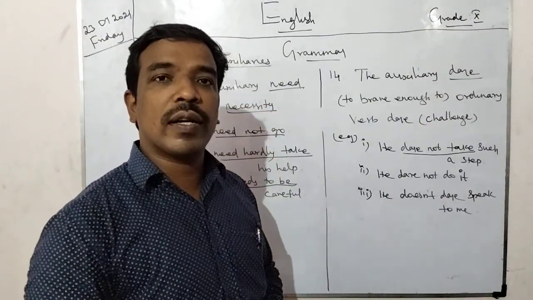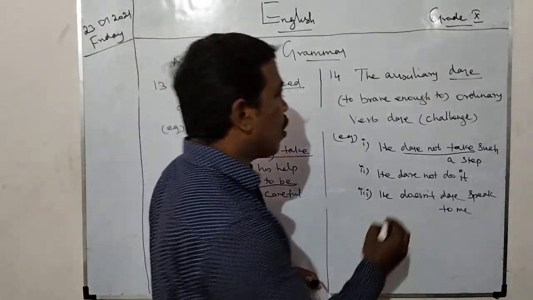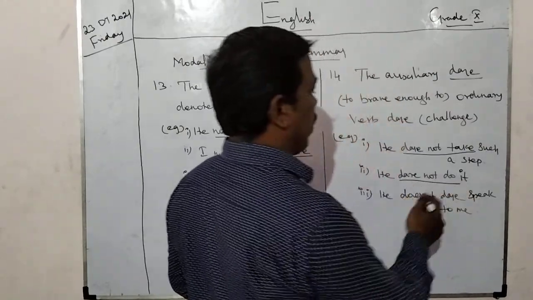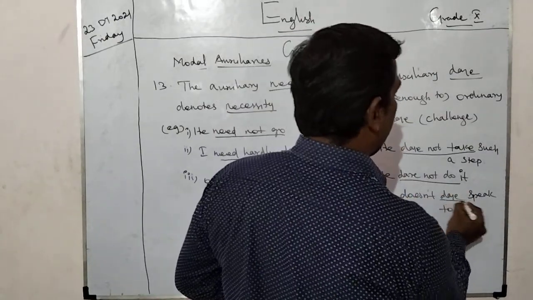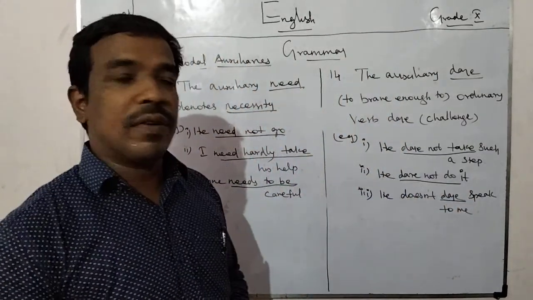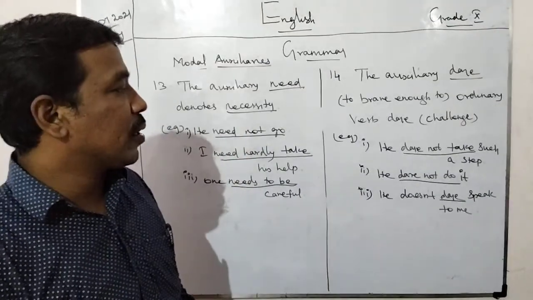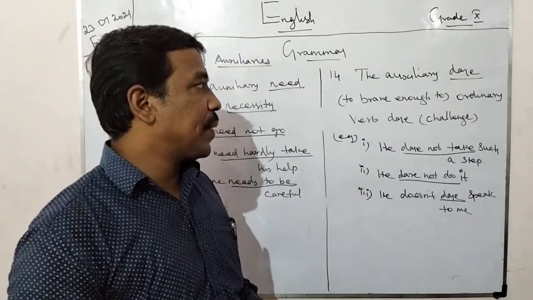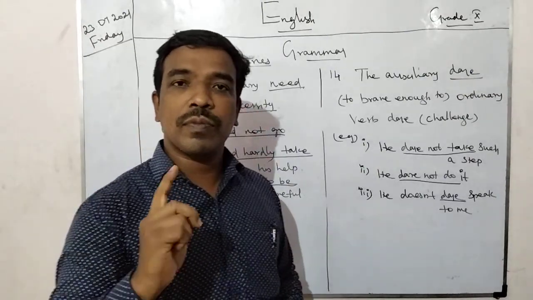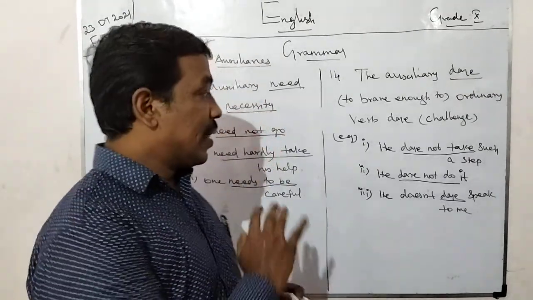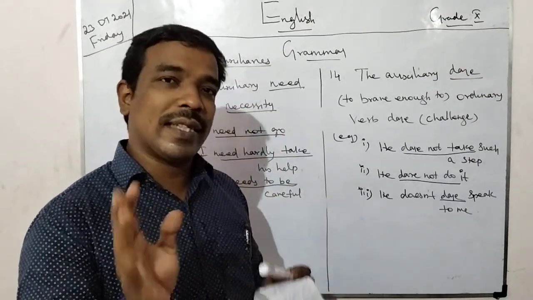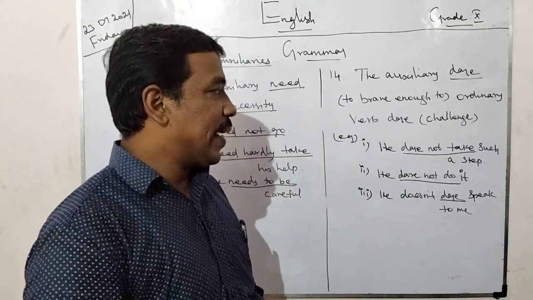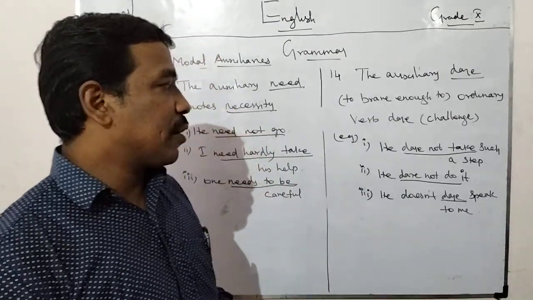You dare not take such steps. He dare not do it has the same meaning. He does not dare speak to me: here, dare is a main verb meaning challenging. I am challenging you, you can't speak to me. Can't is a different meaning, it is just for example.